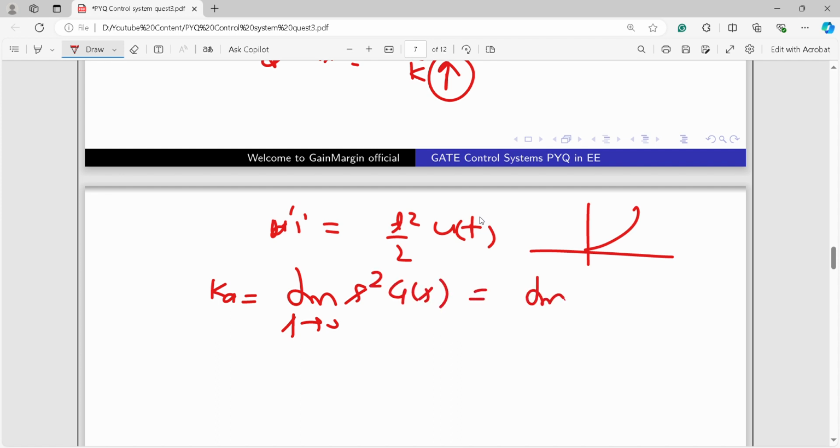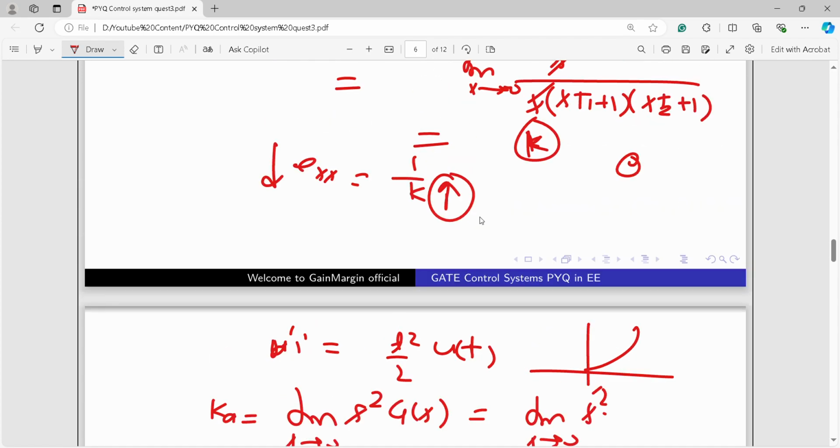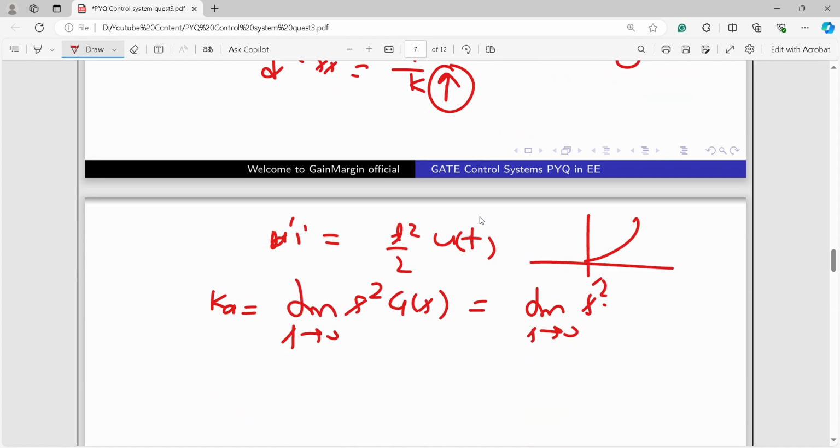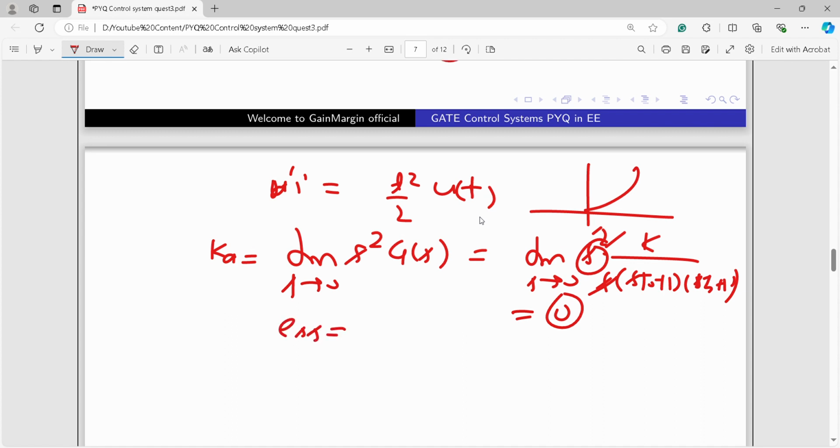The G(s) value is K by s(s t1 plus 1)(s t2 plus 1). Here s cancels out, but s still remains in the numerator, so the value is 0. So Ka is 0, then the steady state error for this is infinite.